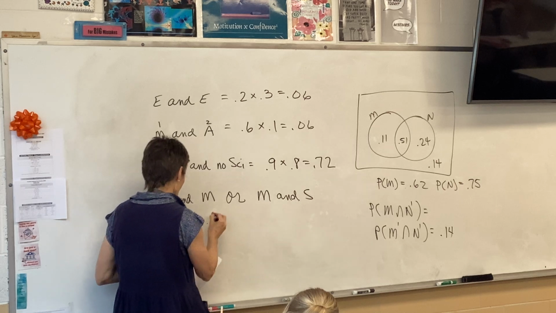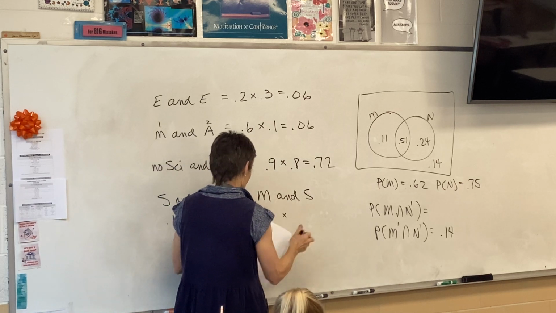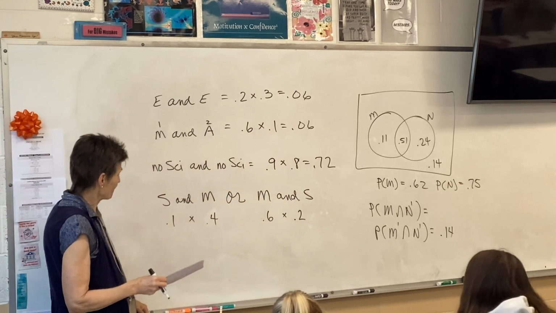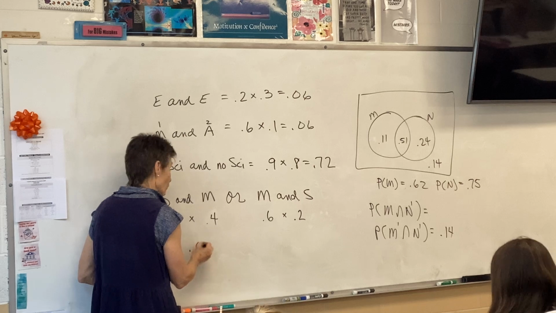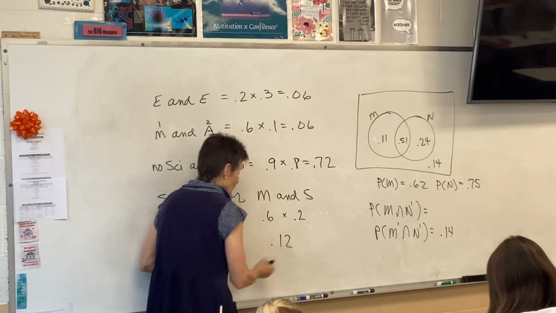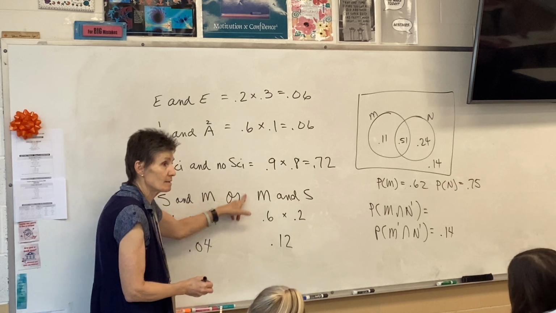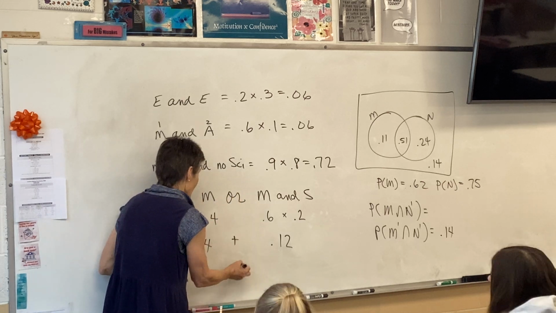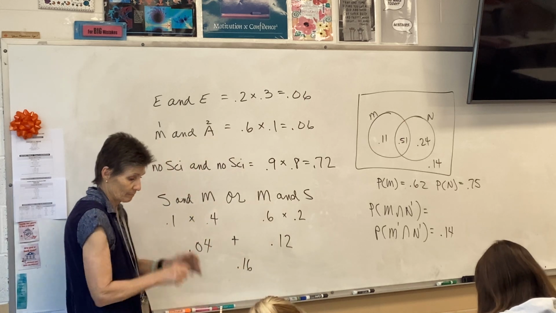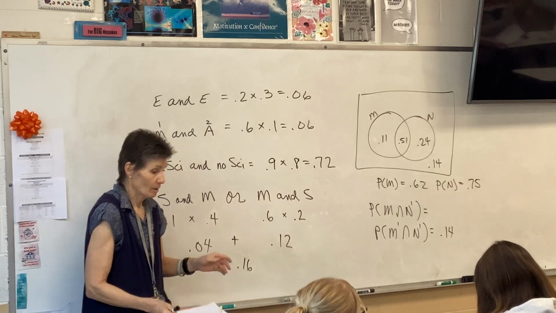Science and math, or math and science. Did I get my numbers right? Yeah. So that's 0.04 here, 0.04. Here, 0.12. And what do I do with these? Add them. So that would be 0.16. Okay?